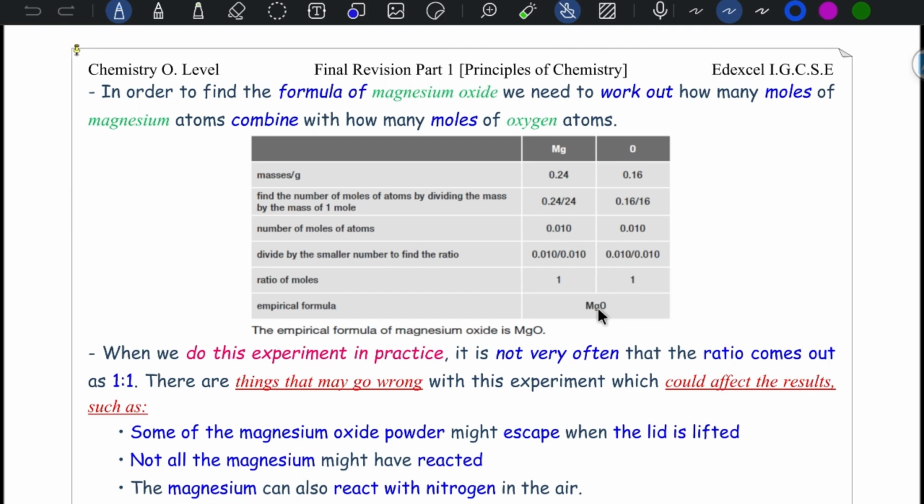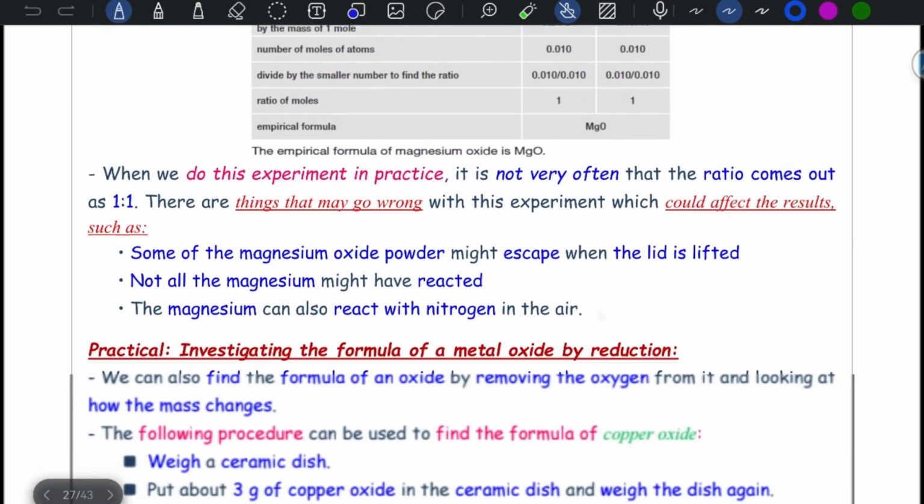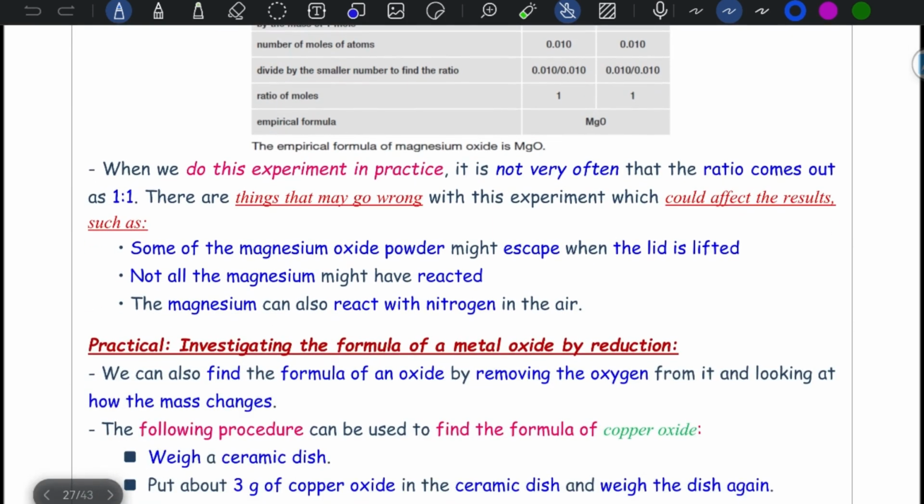So it's MgO. When we do this experiment in practice, it's not very often that the ratio comes out as 1 to 1. He may ask you about this part tomorrow. There are things that may go wrong with this experiment which could affect the results, such as some of the magnesium oxide powder might escape when the lid is lifted.